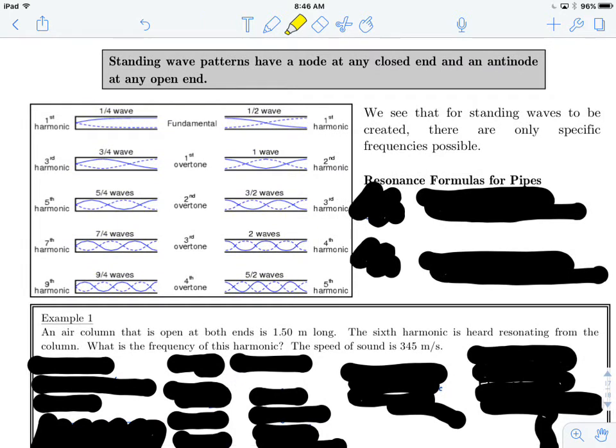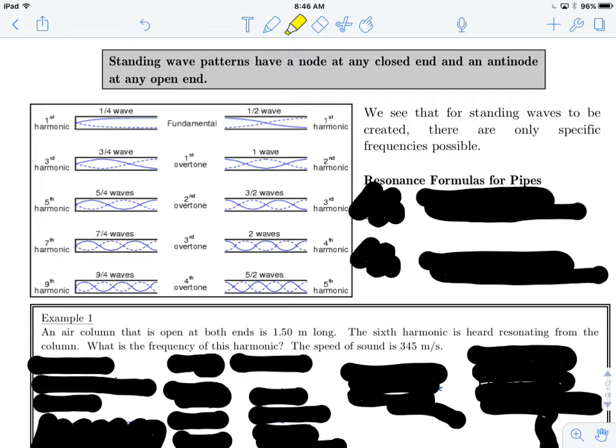Standing wave patterns, this is a rule, have a node at a closed end and an antinode at an open end. So you'll remember strings had a node at both ends. Standing waves in tubes, though, we have a couple different possibilities. We can have a tube that's open at both ends, and we can have a tube that's only open at one end.